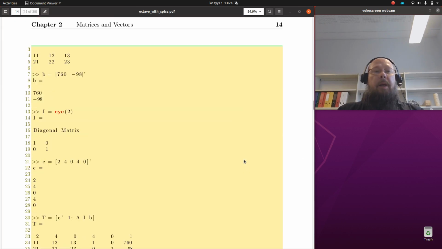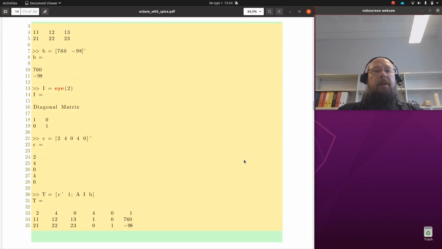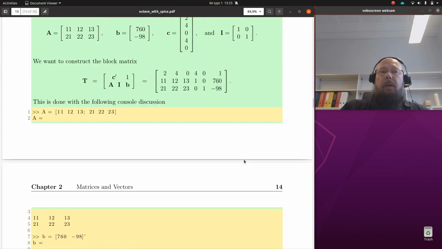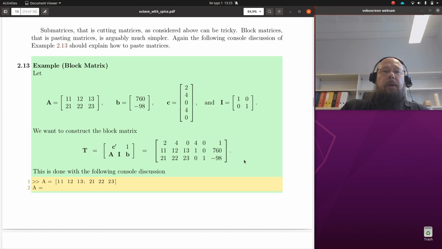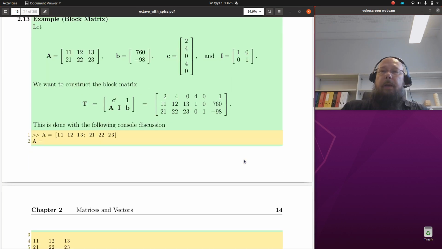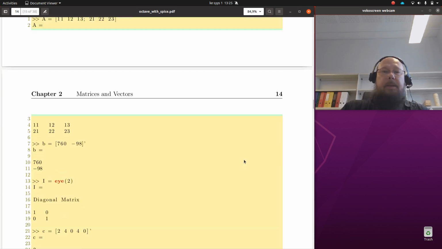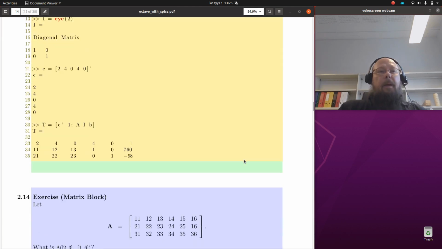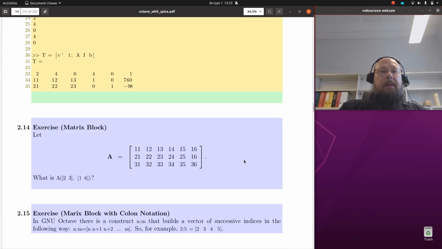The rest of the page is the same. Basically the discussion we just did with GNU Octave is copied here in the lecture notes. So you should try this on your own and see if you really get the same results. And then a little bit of exercises.